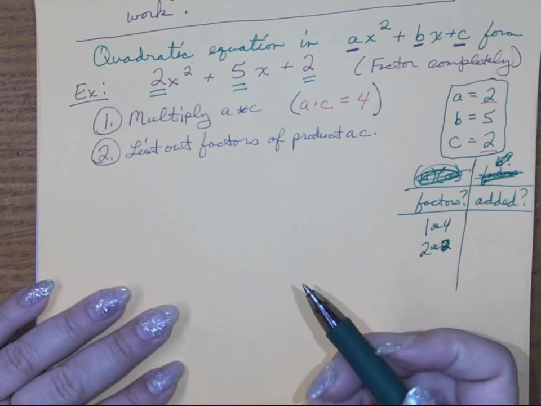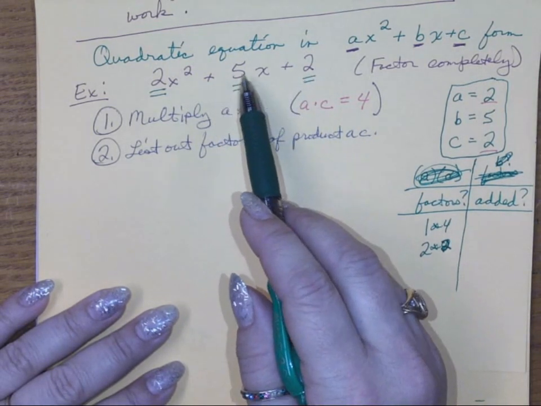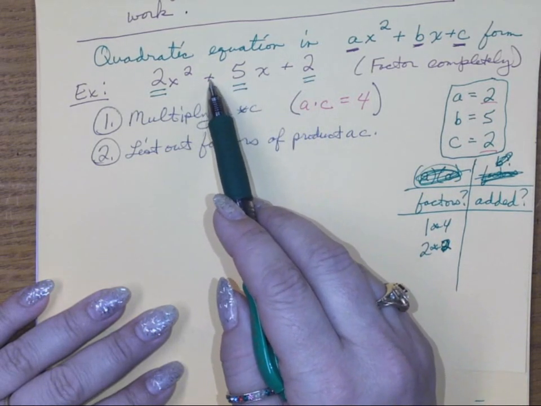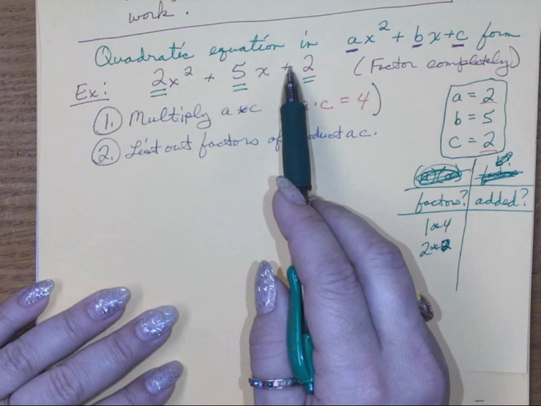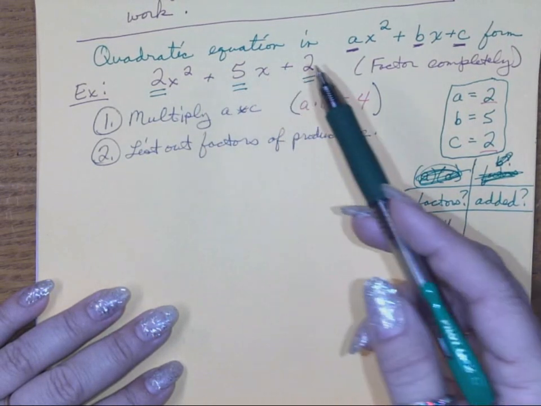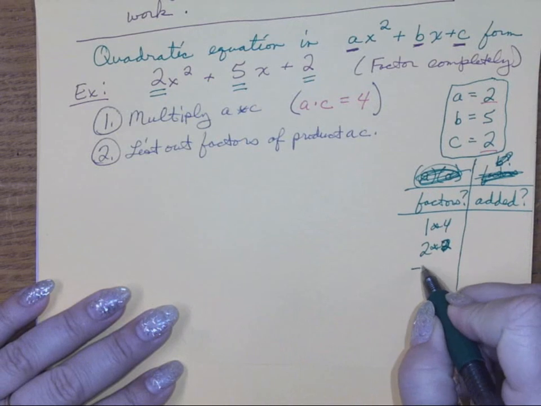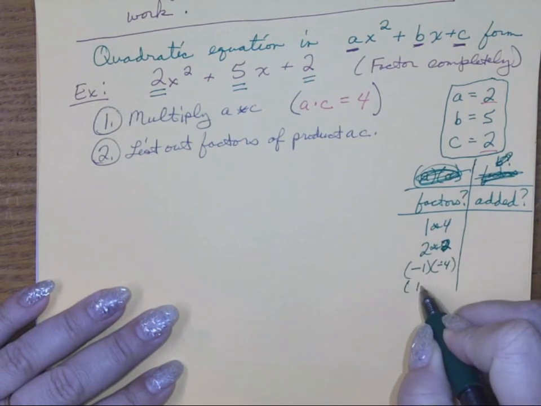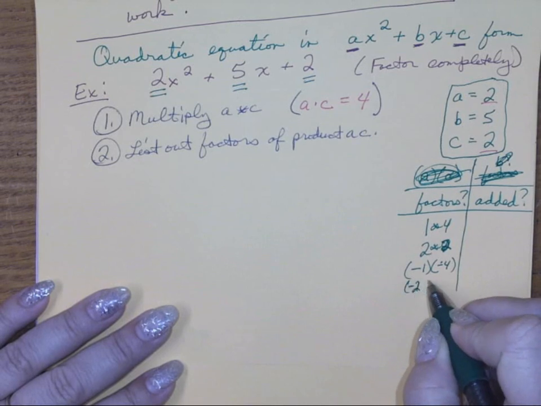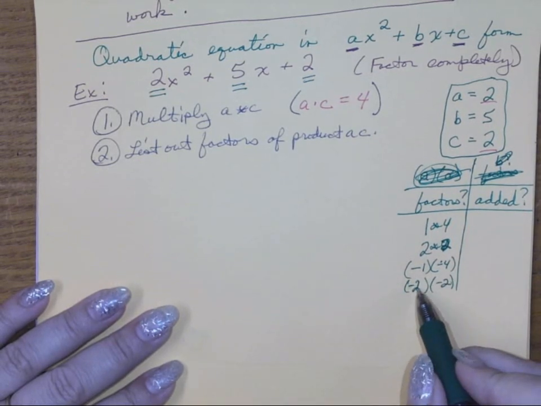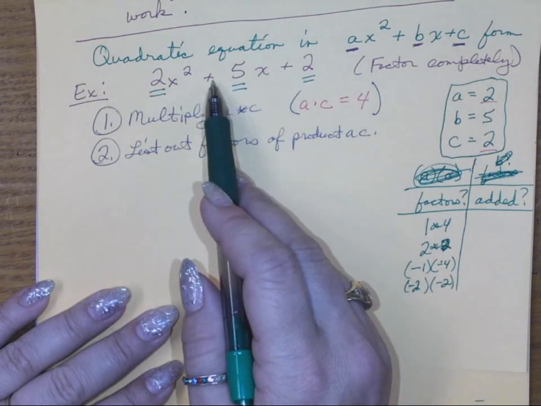And I'm going to keep in the back of my mind, if I saw some negatives, like if this was a negative here in the middle, then this was a positive in the back, then I would know that it was a negative times a negative gave me a positive. So I might have, for instance, -1 times -4, or -2 times -2. I might have those. I don't need those in this situation because these are both positives.